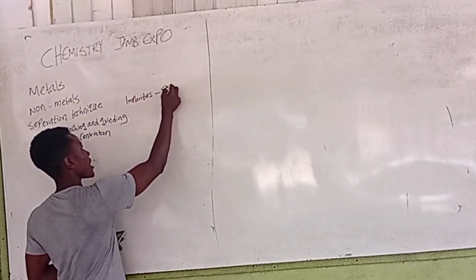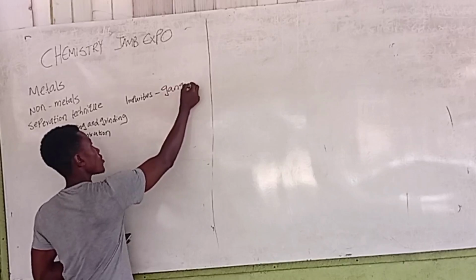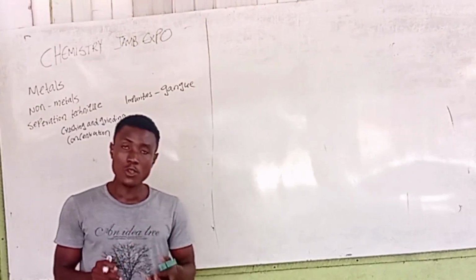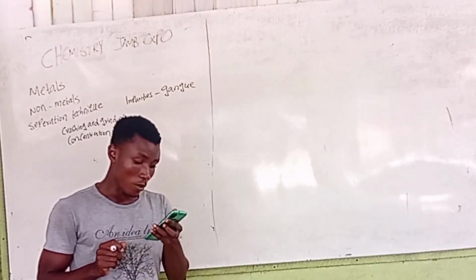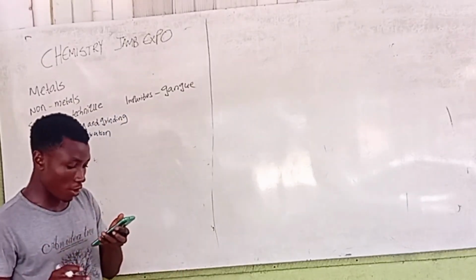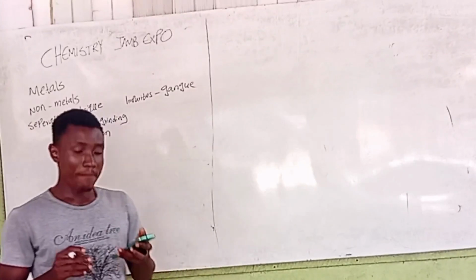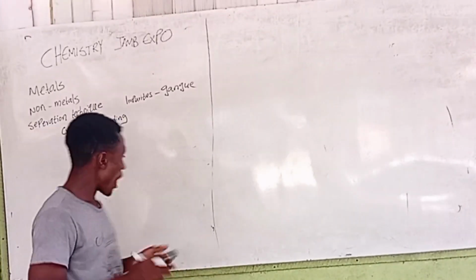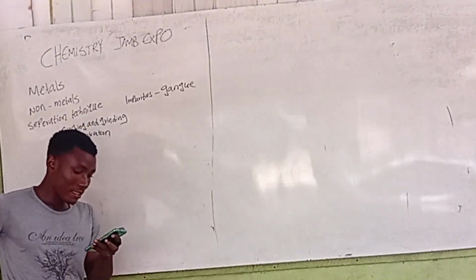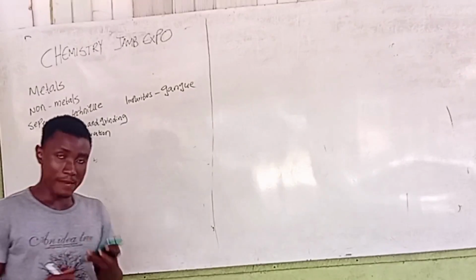So for us to remove these impurities, we use methods like froth flotation for copper or magnetic separation for iron.